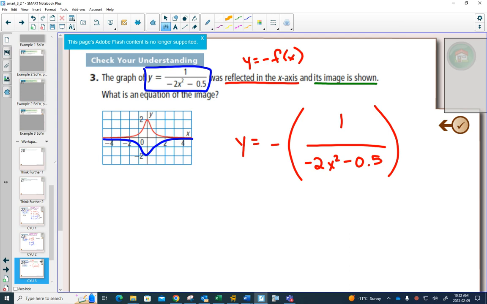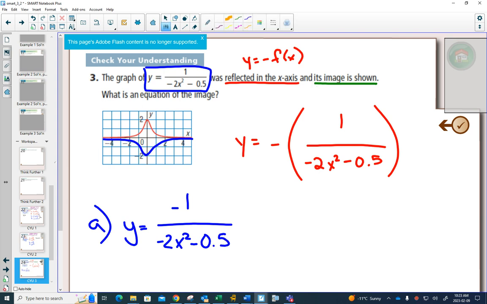So here are our options color-coded. Option A, they write this as y equals negative 1 over negative 2x squared minus 0.5.